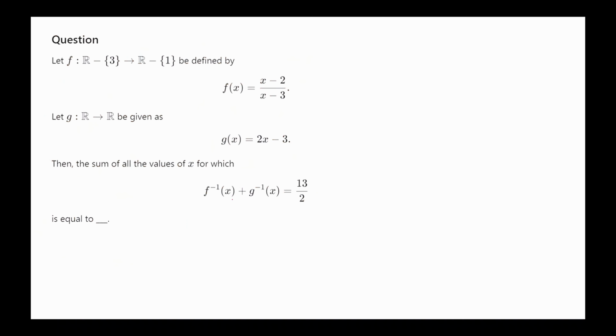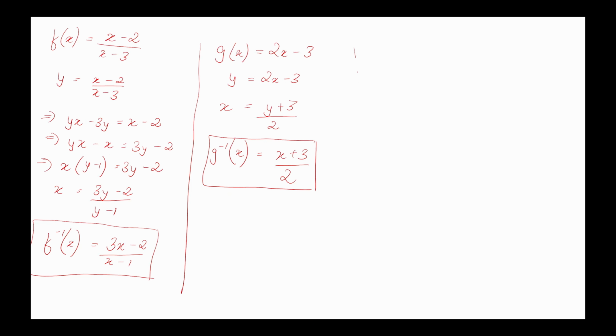Now I need to find the sum of these two inverse functions. If I sum them, what will I get? 3x minus 2 upon x minus 1 plus x plus 3 upon 2. Let me simplify this further. I would get the LCM as 2 times x minus 1.